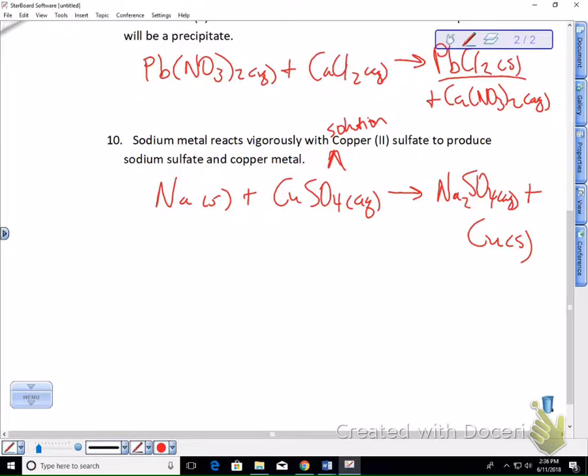If you didn't get the correct state of matter on that one, you put solid, and then both of your products will be solid, I would probably let you get away with that. Even though we're going to learn more about this type of reaction. It's something called a single replacement. It has to be aqueous. But if you didn't know that now, that's cool. We'll learn it as we go. Otherwise, if you have any questions about skeleton equations, see me, and we'll do some reviewing one-on-one.